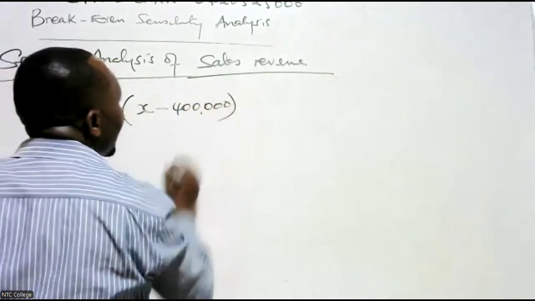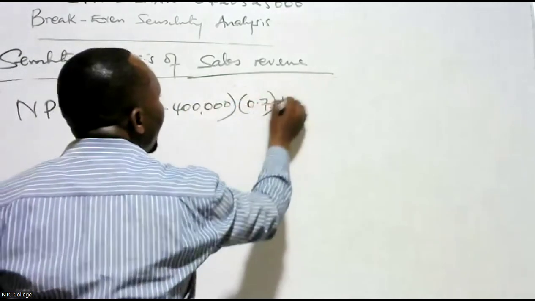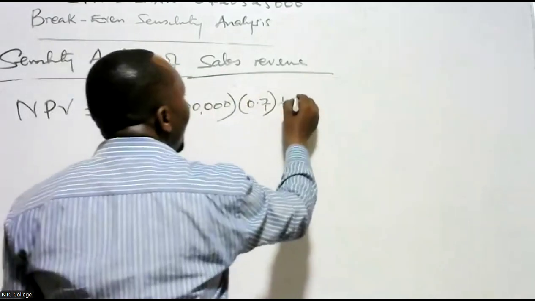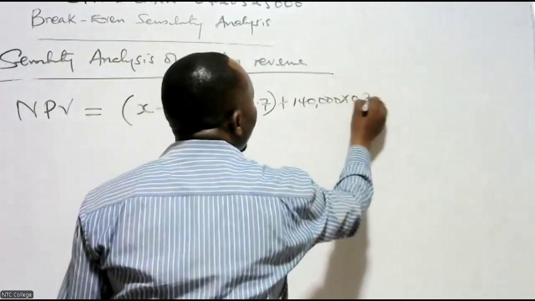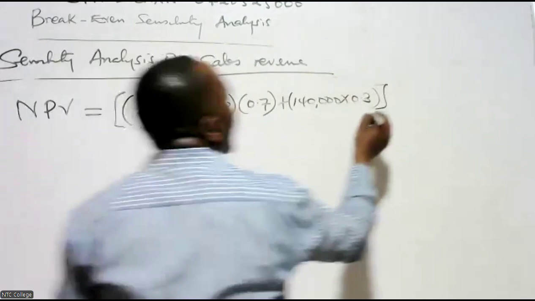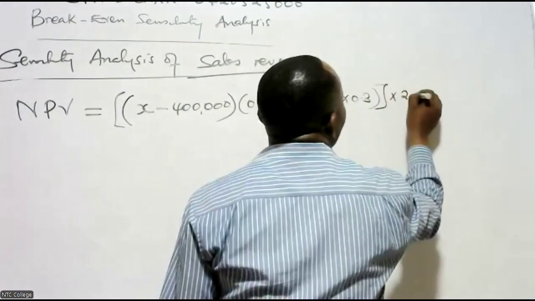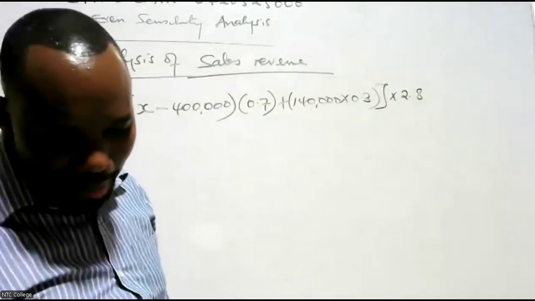Then we needed to remove tax, so 0.7. Then we add 140 times 0.3. Then all these, we multiply with 2.8, what? I don't remember the whole thing.